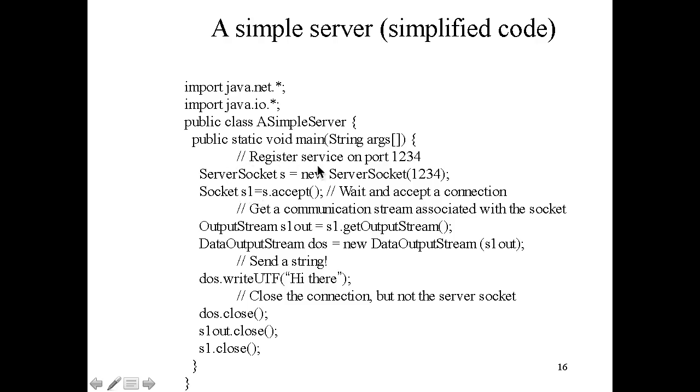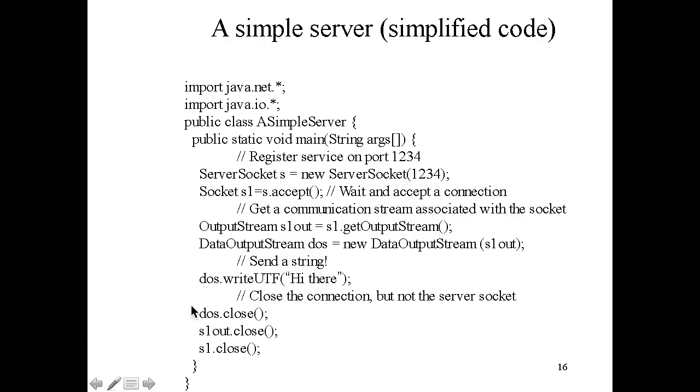This is running in the main thread of execution, so it's only going to accept one connection. We'll get the output stream from that socket. Then what we'll do is get a data output stream, write some Unicode text like hi there, close the data output stream, close the socket, and bang, we're done.